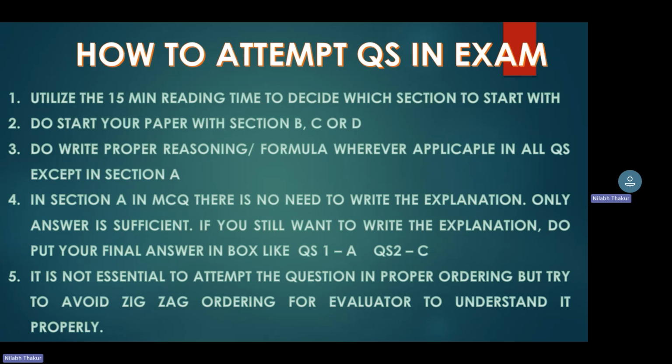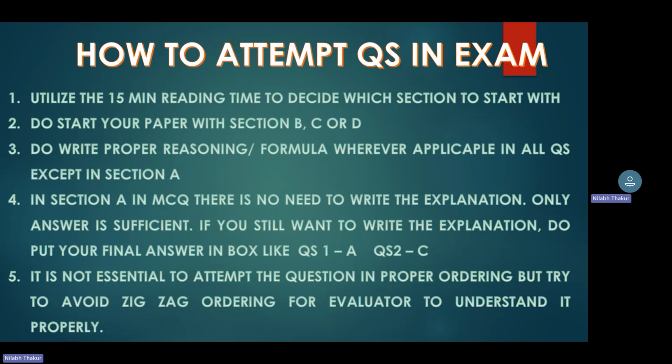In section A, if you have time, you can give an explanation, but you need not explain it elaborately. Only the answer is sufficient, or a brief explanation if you want. Except for sections A and B, everywhere you need to write the proper reasoning for why you have done this.